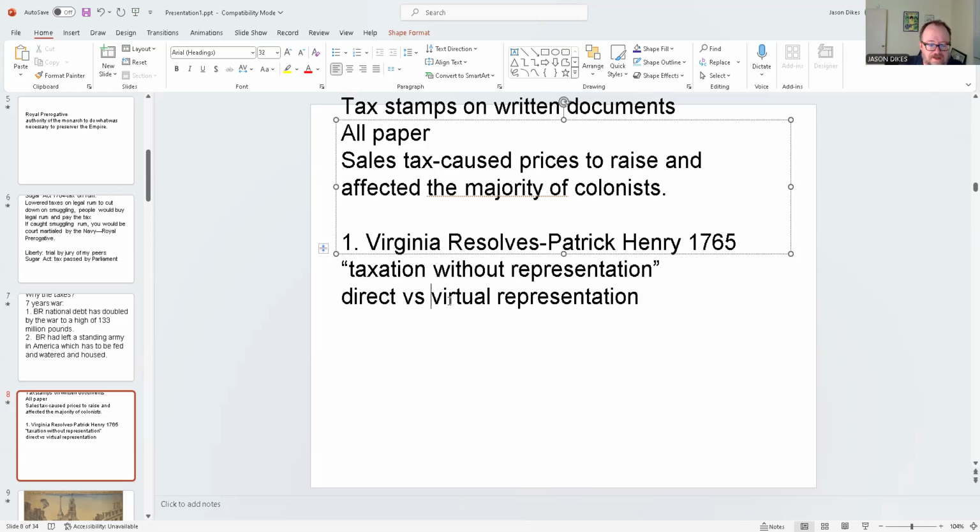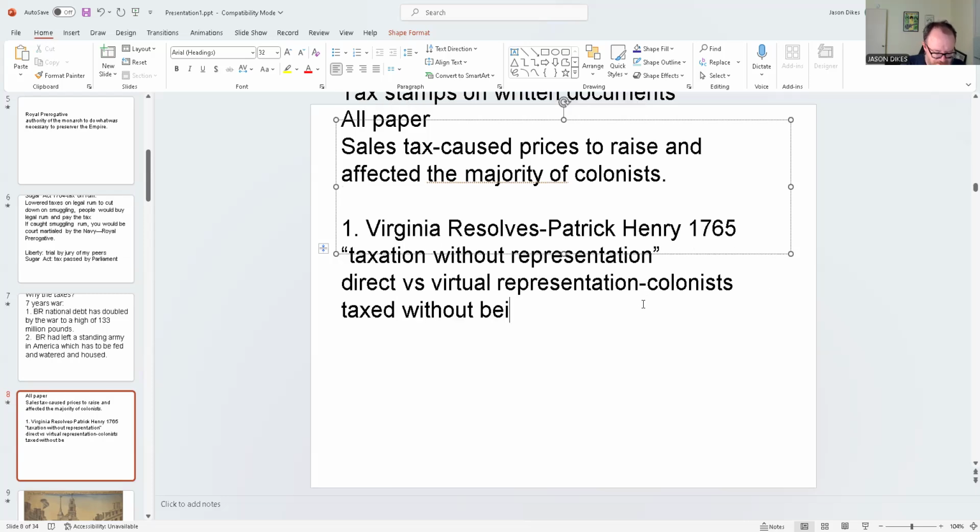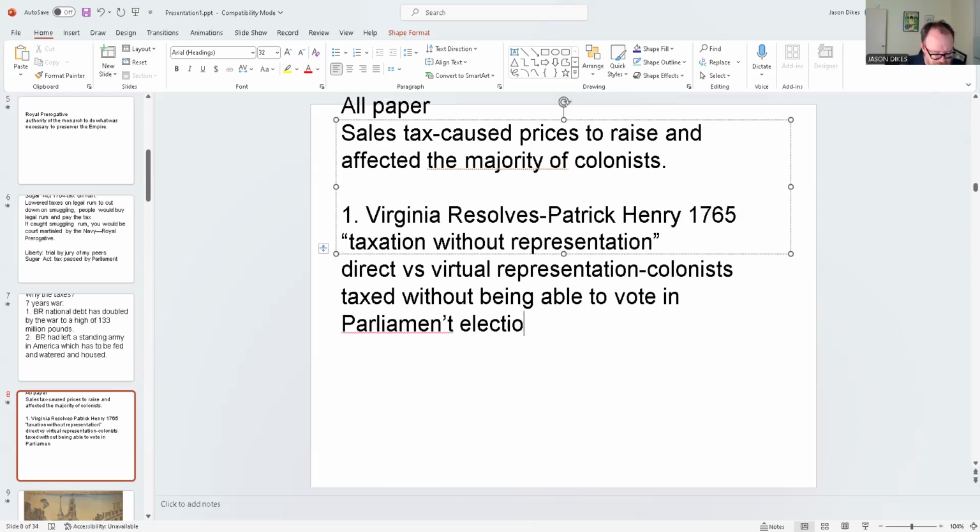What the colonists have is virtual representation. Okay, they're being taxed without being able to vote in Parliament's elections.